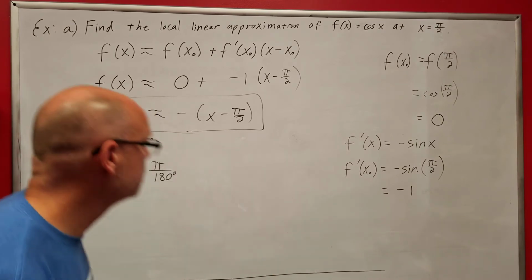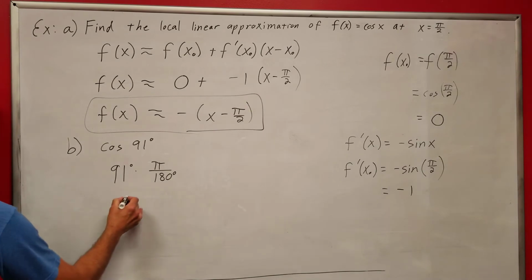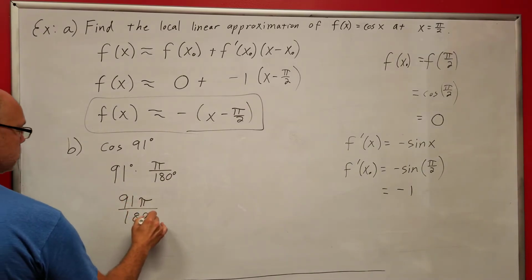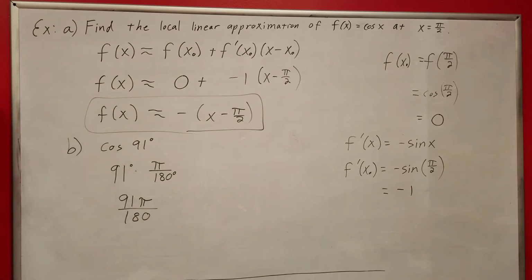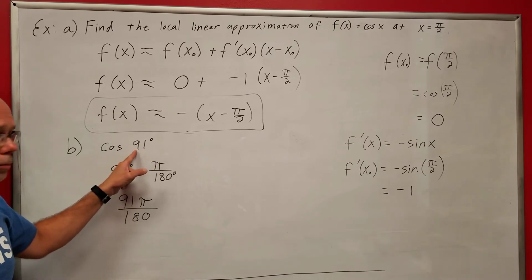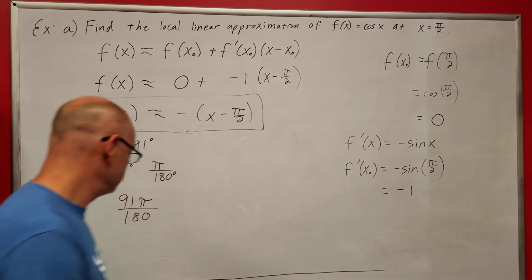All right, so this will be 91 pi over 180. So what is this? This is just a radian measure equivalent to 91 degrees.